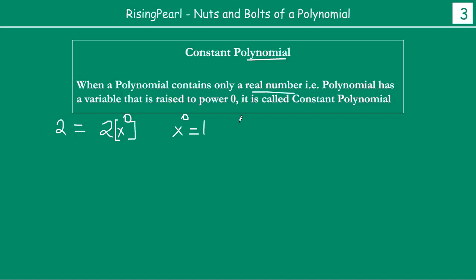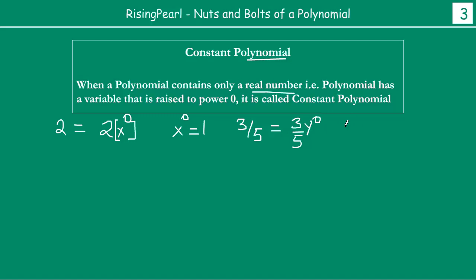So similarly, let's say we write 3 by 5, right? इसे हम again सोच सकते हैं कि this could be 3 by 5 multiplied by y to the power 0. So this is again a constant polynomial. So basically दोस्तों, अगर आपको कोई भी real number दिया जाए, right?